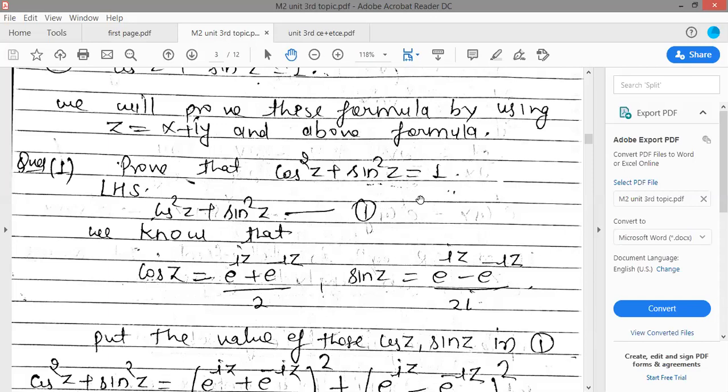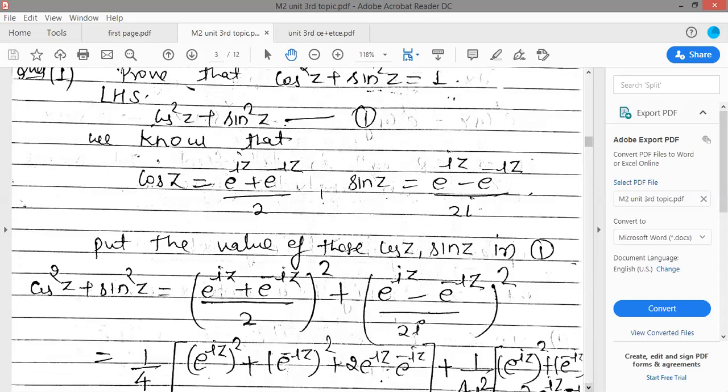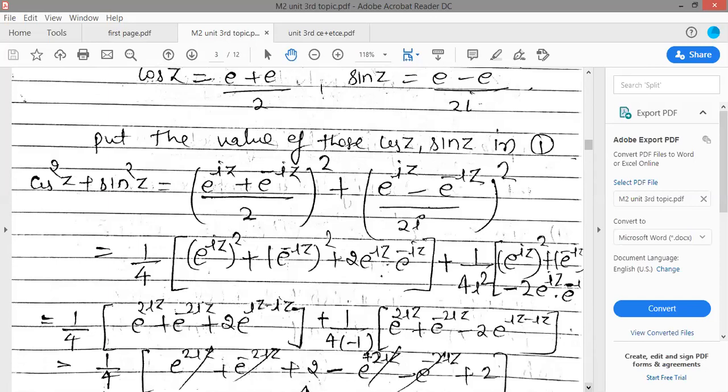There is nothing on the right hand side, so we will take our left hand side, which is cos squared z plus sin squared z. We know from the above formulas that cos z is equal to e to the power iz plus e to the power minus iz upon 2, and sin z is equal to e to the power iz minus e to the power minus iz upon 2i. Put the cos z and sin z values in the equation first: (e to the power iz plus e to the power minus iz) whole square upon 2 squared, plus (e to the power iz minus e to the power minus iz) whole square upon 2i squared.